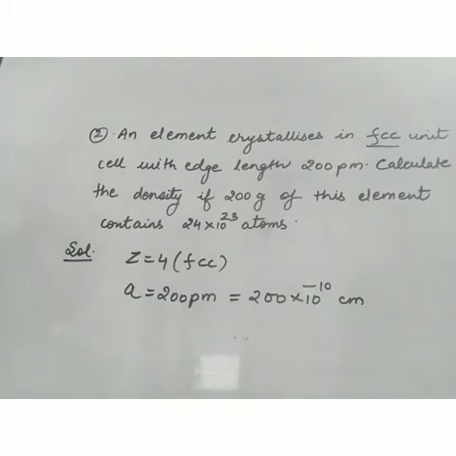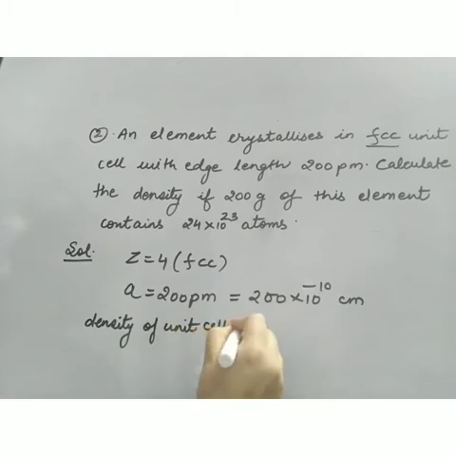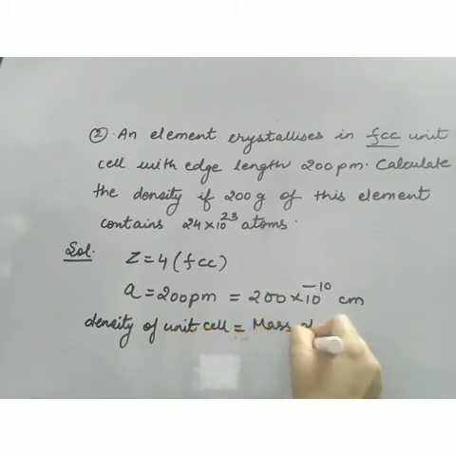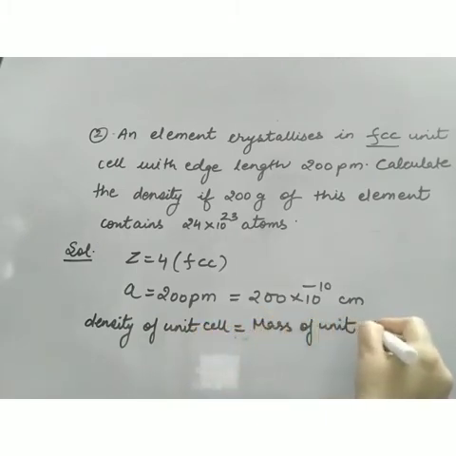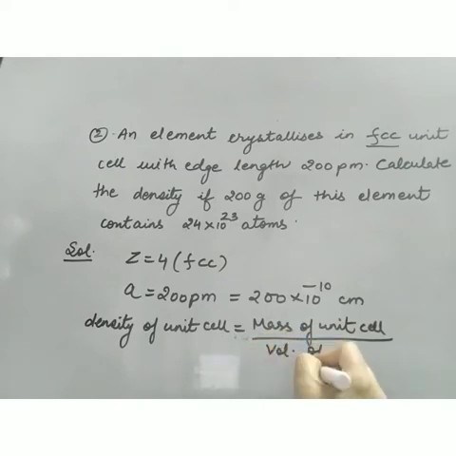Now atomic mass is not given to us, and we require that for calculation of density. So one variable is unknown. So how to solve this question? Now what is the density of unit cell? Density of unit cell is mass of unit cell upon volume of unit cell.